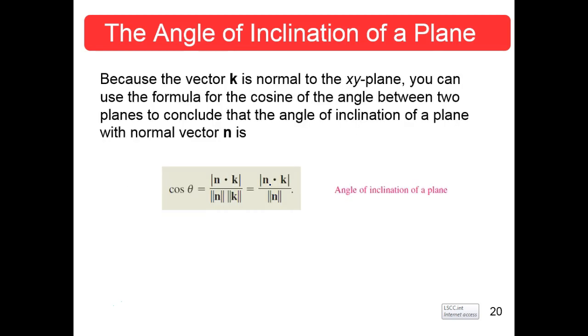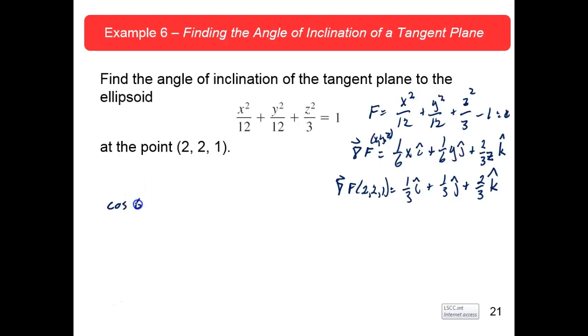So cosine theta is equal to the absolute value of n dot, well, let's not even call it n, let's just call it the gradient vector. The gradient vector of f dotted with the unit vector k divided by the magnitude of the gradient vector of f, because the magnitude of k is 1.